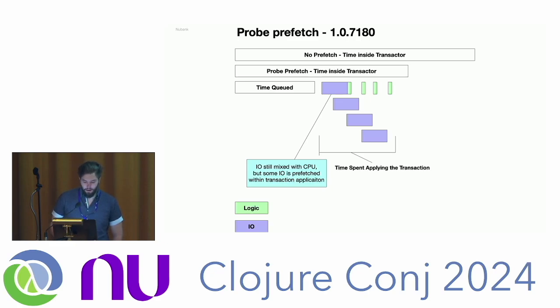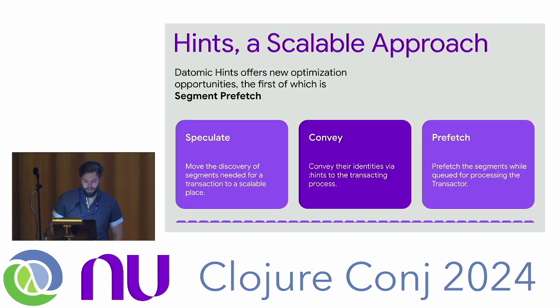Today, I want to talk about a feature that we released 2 days ago called Datomic Hints. This is a scalable approach to identifying work that needs to be done inside of transactions. It's a more general concept than just the first implementation, or the first sub-feature, which we're calling segment prefetch or transaction hints.